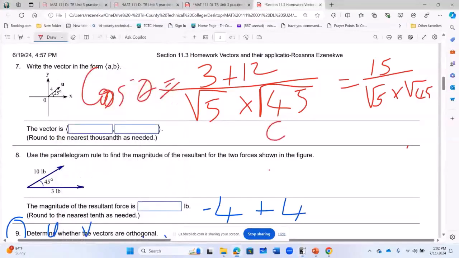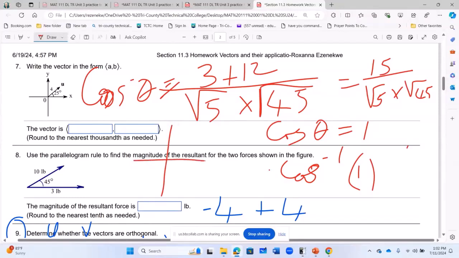Therefore, the cosine theta is equal to 1. Of course, I'm now going to find the inverse cosine of 1. You don't even have to use your calculator. We know that on the unit circle, we want to find where cosine is 1. This angle is not 90, so we come over here.